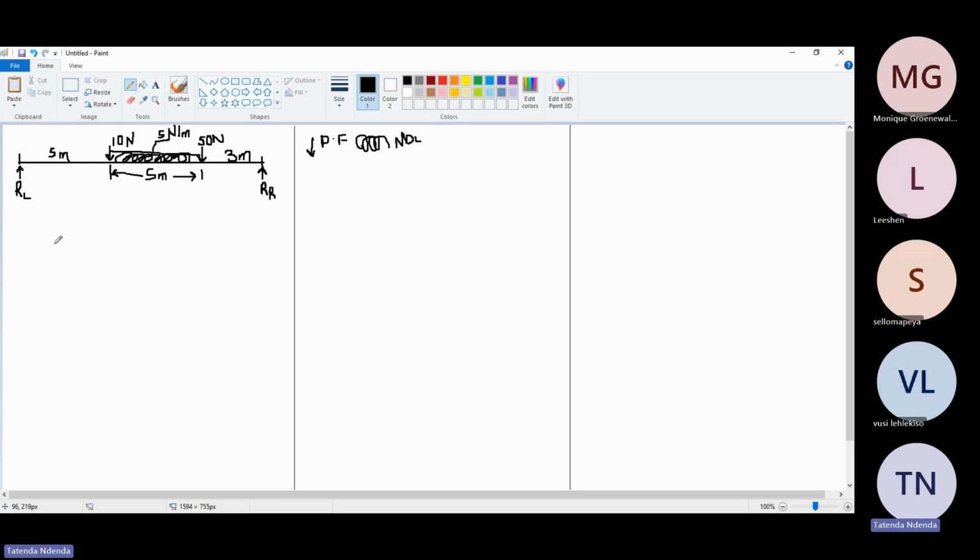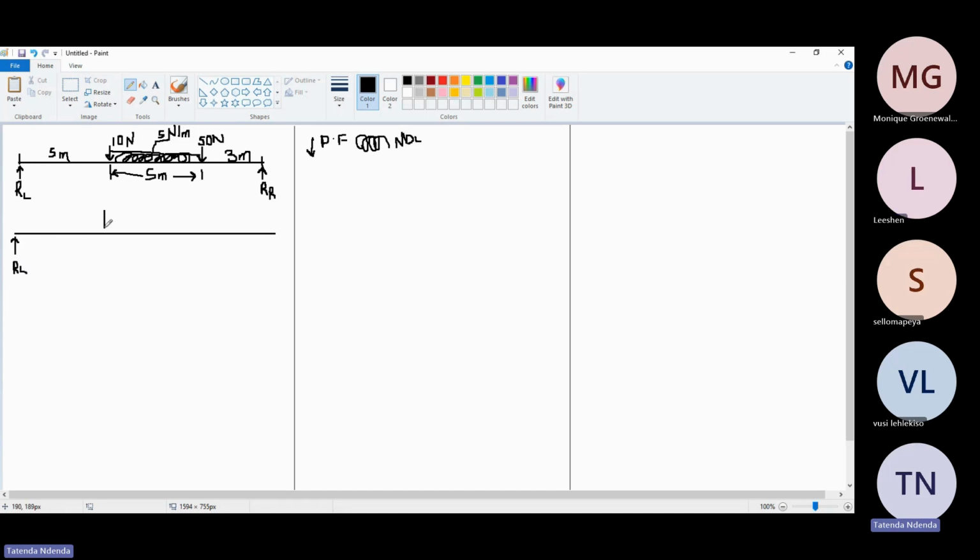So by resolving this beam, what do we mean? We mean that this beam is going to start to look like this now. It's going to have something like this. Then we are going to have a force going up. This is our RL.